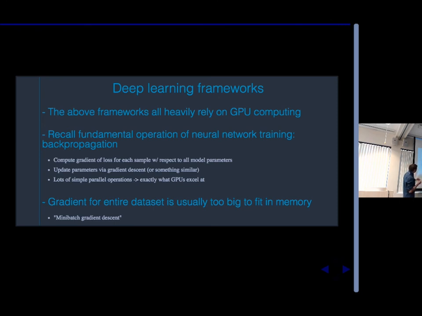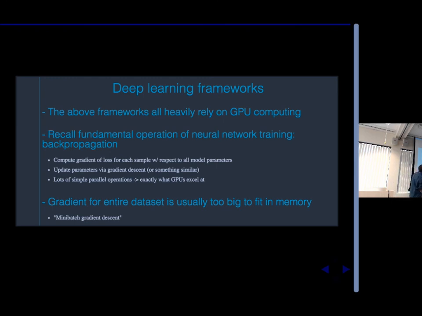The reason it's parallel is the training algorithm looks like: take all of the data, compute the gradient of the loss function with respect to each sample in the input, add them all up, and then do an update. So as long as the model parameters haven't changed yet, all of those gradients can be computed completely in parallel, and they're pretty simple operations.